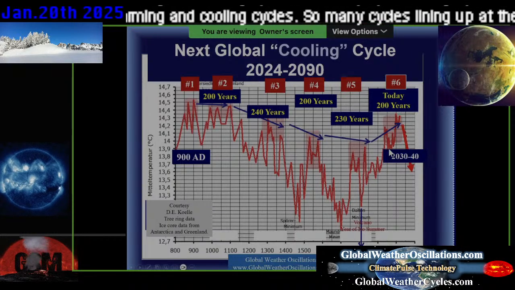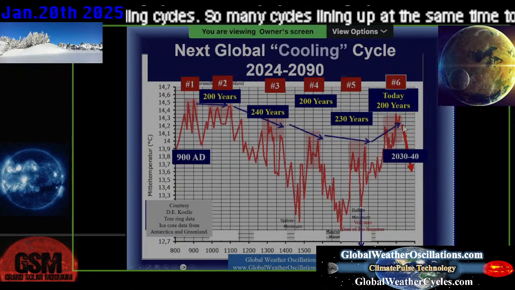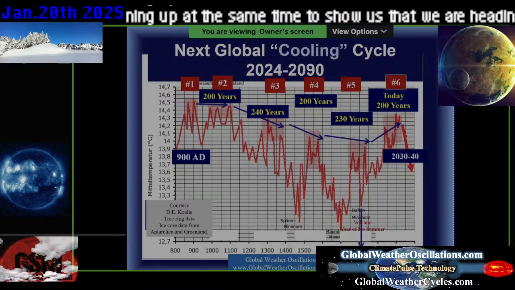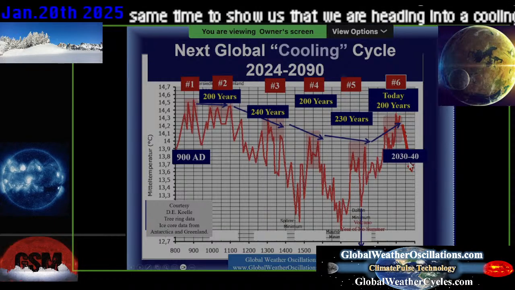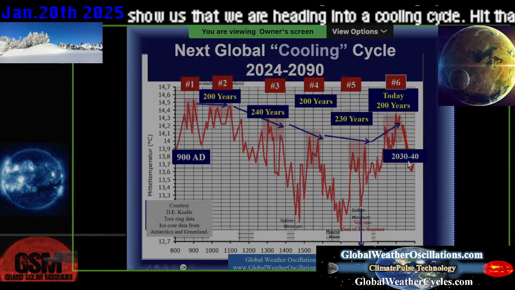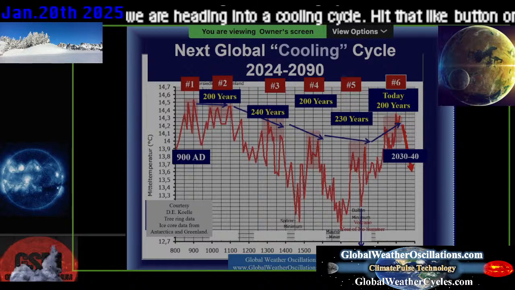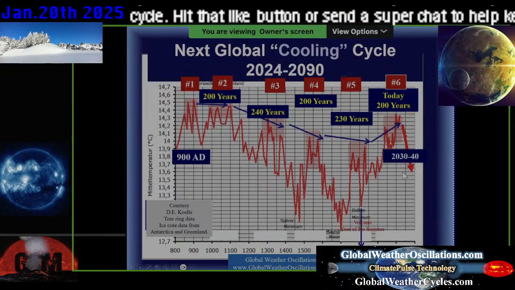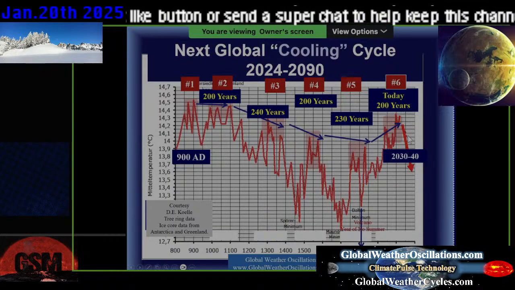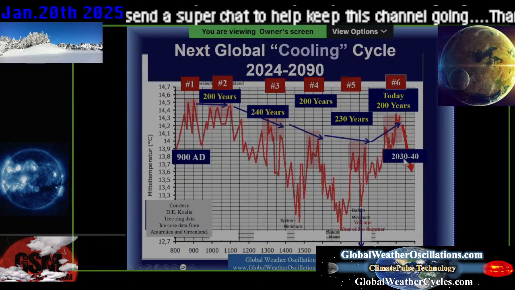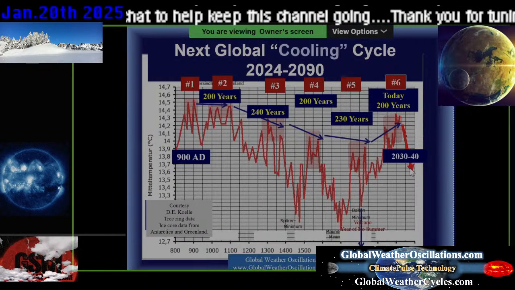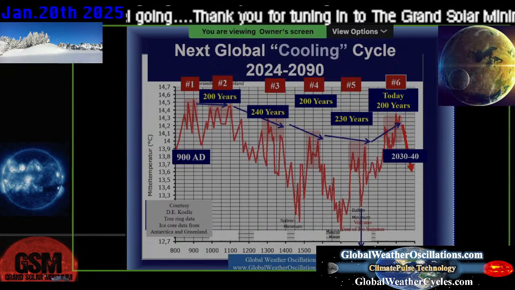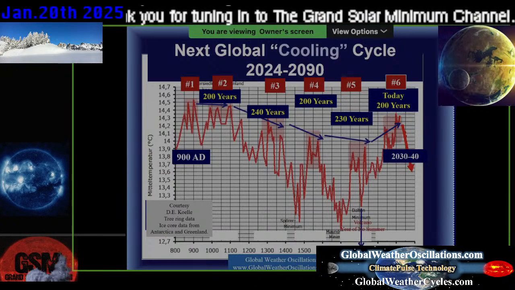Yep. But it's going to take about 20 years to hit the bottom of it. And the mid 2030s should be very cold through the 2040s, even the 2050s. And that's all in the solar minimum. So it all comes together. It's all going to happen. And we can burn as much fossil fuel as we want, and it won't affect it. We may wish it did because it's going to be so cold.